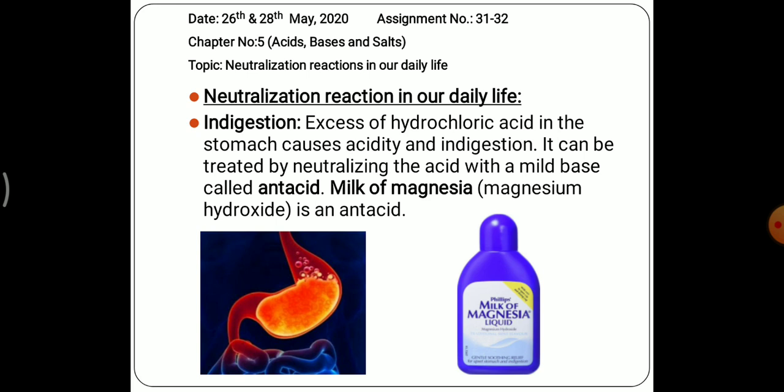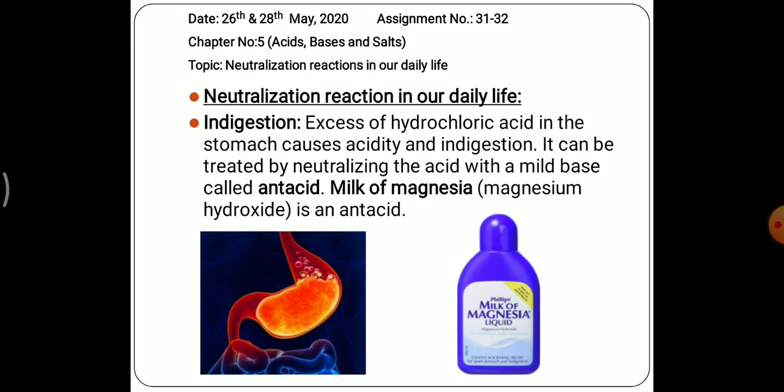Here, our stomach, as you have studied in chapter 2, nutrition in animals, produces hydrochloric acid. This hydrochloric acid helps in digesting our food without harming the stomach. Sometimes the excess of hydrochloric acid is produced in the stomach due to various reasons. It may be because of overeating also. Then the excess of acid in the stomach causes indigestion, which produces pain and irritation.